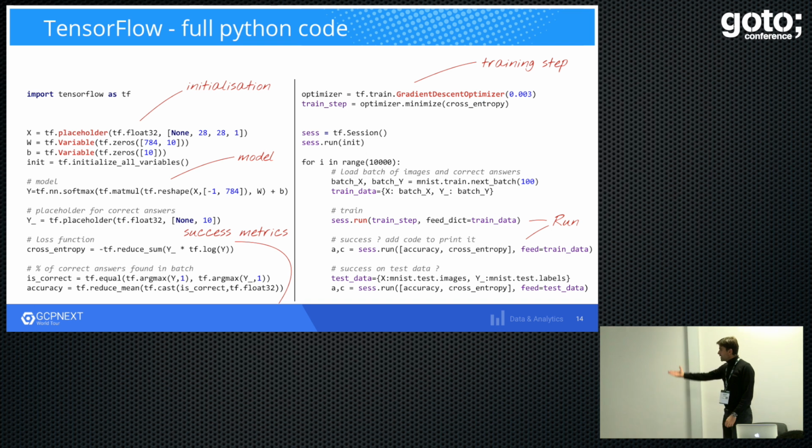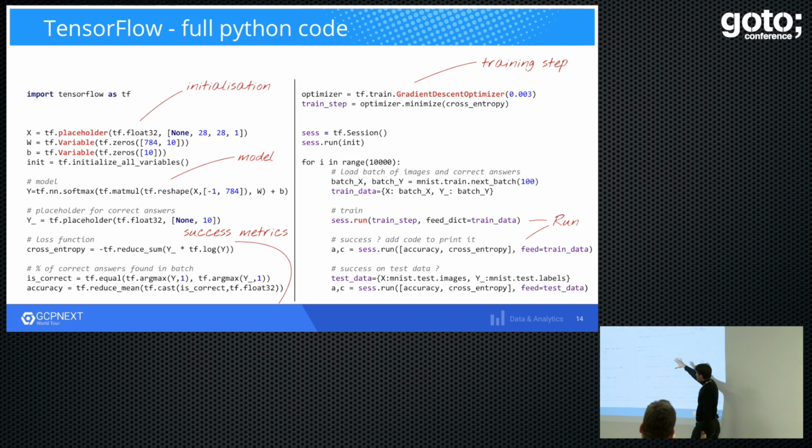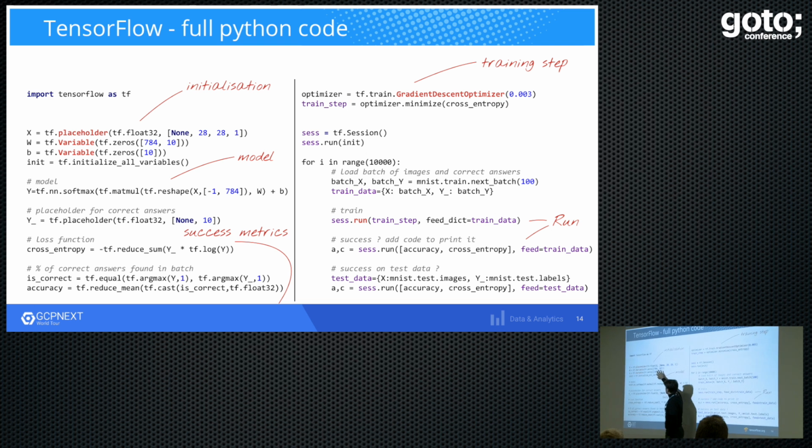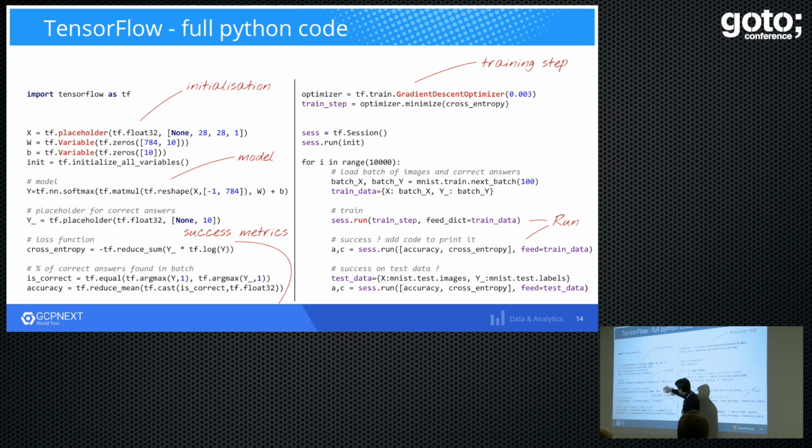Okay? So here is our basic model on one screen. Initialization, variables for degrees of freedom, placeholders for your training data. Here our model. Here our loss function. This is the computation of the accuracy, the percentage of correctly recognized images.